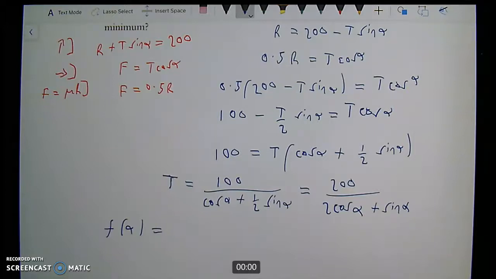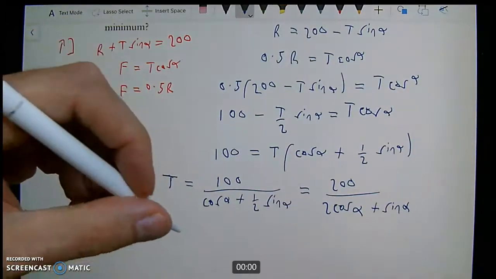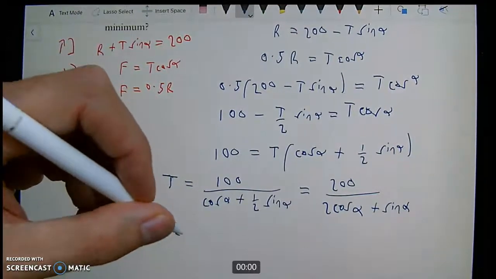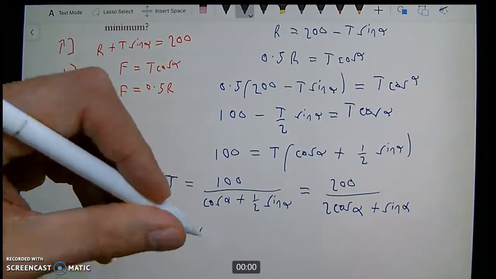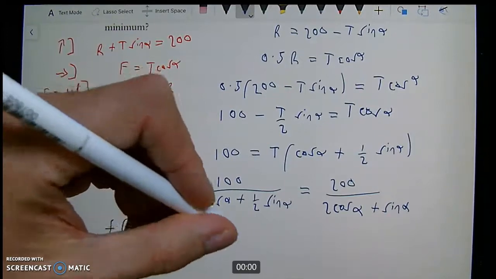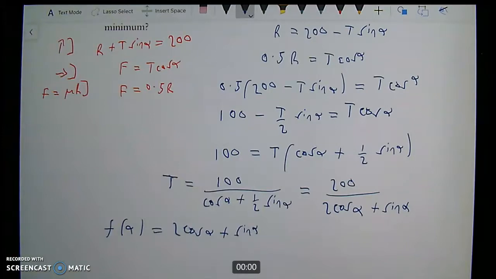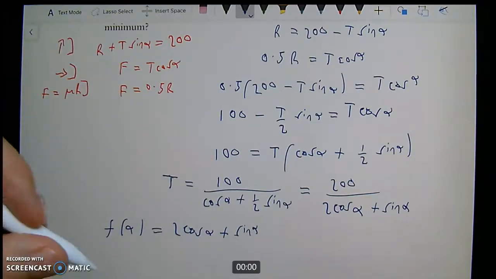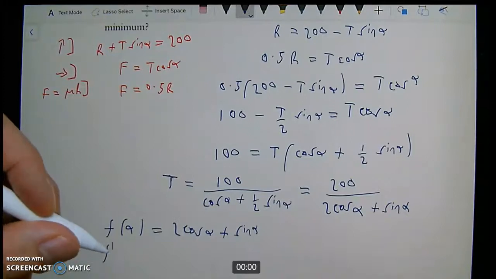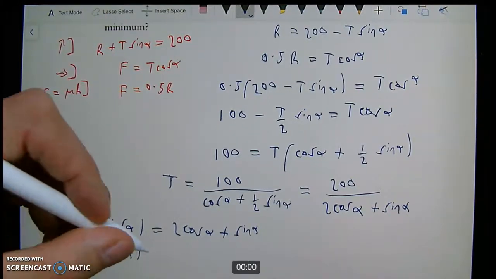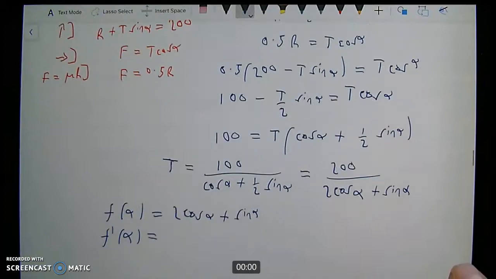That means that if we write f of alpha as 2 cos alpha plus sine alpha, if we're trying to make the whole expression a minimum, we would be making the denominator a maximum. And to maximize a function, you would differentiate and put equal to 0.